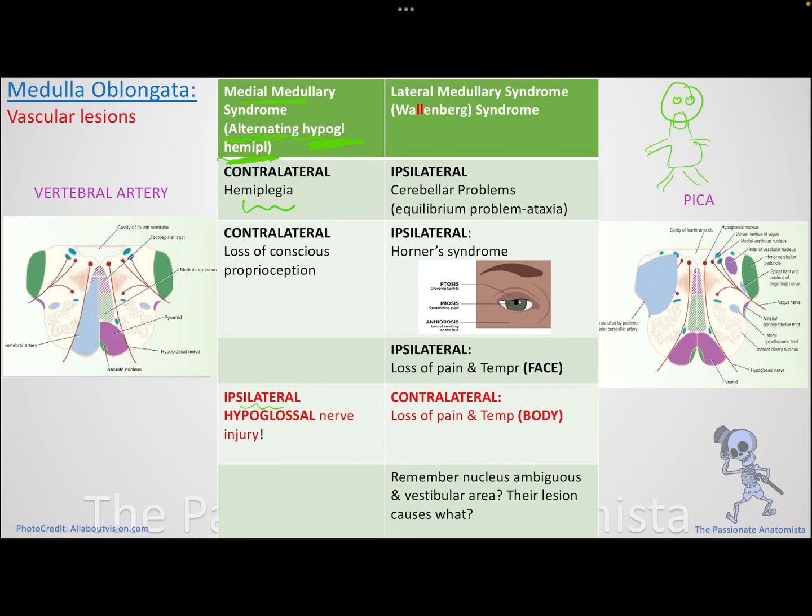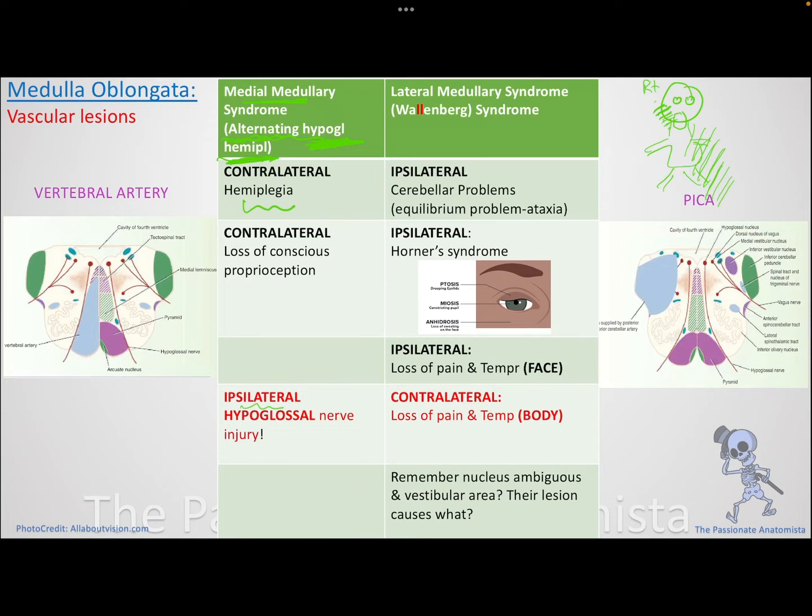It means if I have a problem in my right side, I have contralateral loss of all movements of my body and ipsilateral hypoglossal nerve injury. Okay? It means I have contralateral hemiplegia in the corticospinal tracts and ipsilateral to the cranial nerve related to that brainstem level. If it's medullary, then hypoglossal.